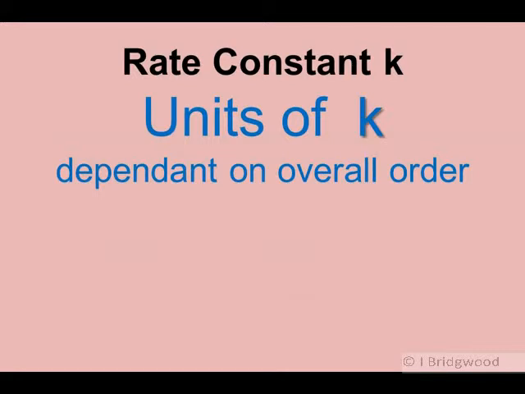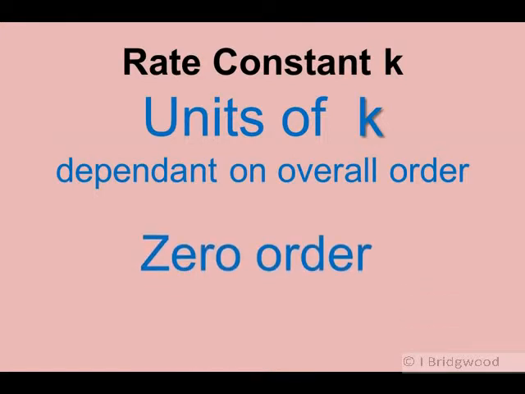So, the units of k are going to be, as you can see, dependent upon the overall order of reaction. If we take a situation where the overall order is zero order, in other words, n and m in this particular case would be equal to 0, what we are saying is that the rate of reaction is independent of the concentrations of the reactants.